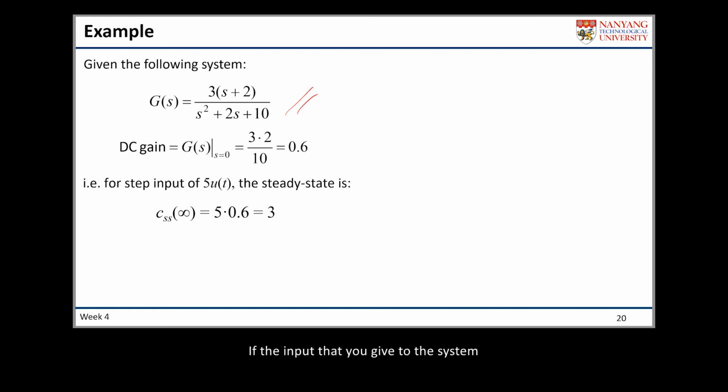If the input that you give to the system is 5 times the unit step, which means you have a step input but the value of the constant is not 1 but instead 5, so this is what it means by 5 times unit step, 5u(t), then of course the final value of the output will be simply 5 times the DC gain.